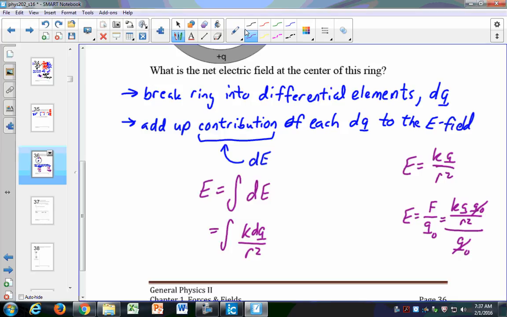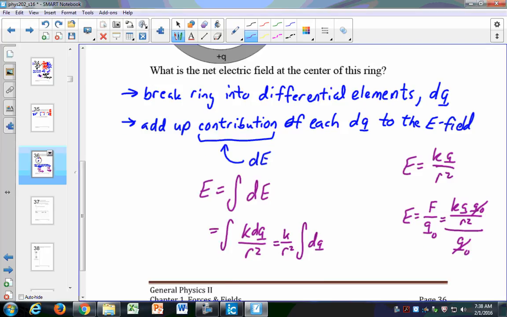So I can just take that out of the integral, and it's going to be K over R squared integral of dq.